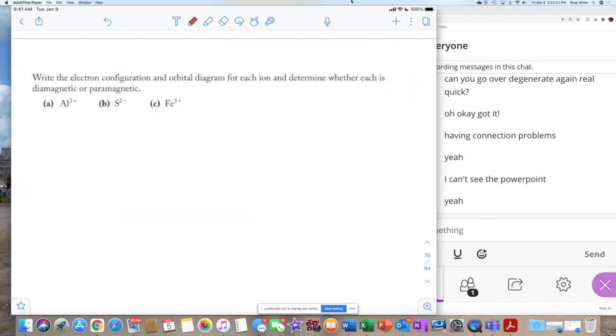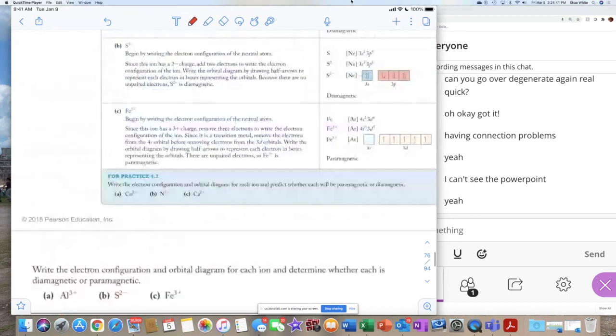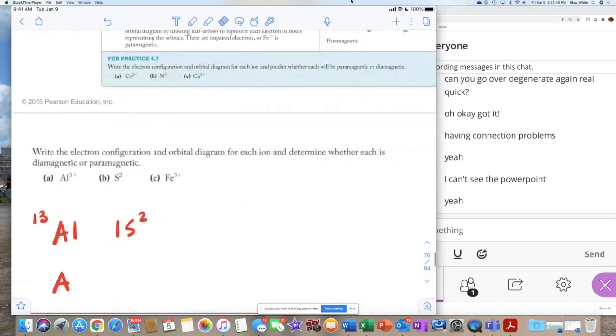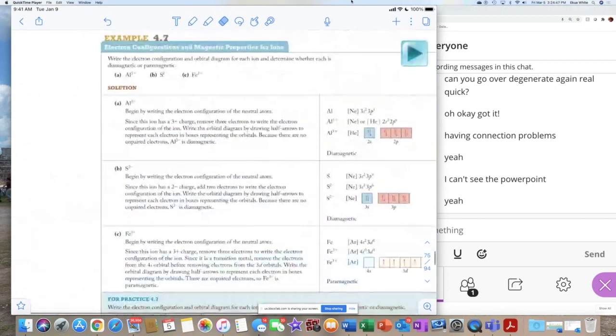Okay. So aluminum normally has 13 electrons. I'm looking at my periodic table right here. I'll write the configuration for that. Oh, they do shorthand. Let me do shorthand for all three, right?